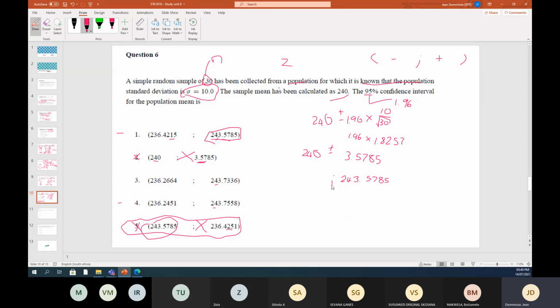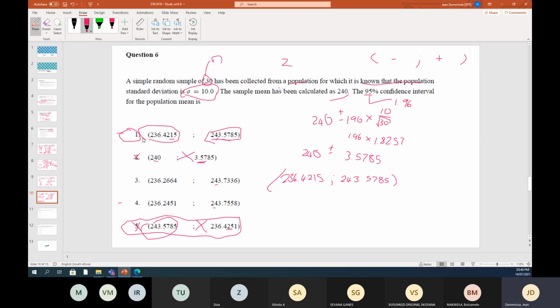And then your bottom one will be 240 minus that. So it will be 236.4215. So let's just check. And it is that. So option 1 is your correct answer.